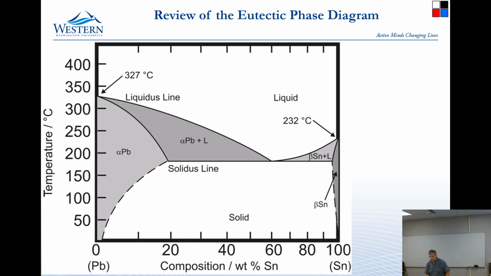Overall, eutectics are not particularly useful. There are a few instances in which they are useful. We talked about solder being one of them, heat pipes being another. But overall, there are a lot of problems with them that make them difficult to use.